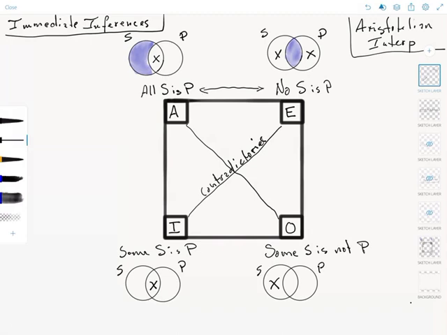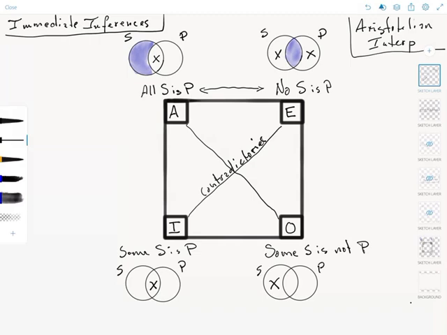Let's consider this, okay? If all S is P is true, then could it be true to say that no S is P? Well, if you think about it, you'll realize that there's some inconsistencies.